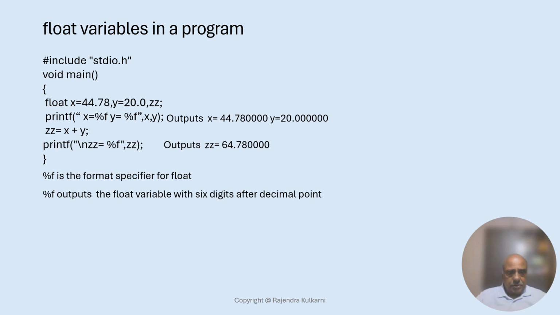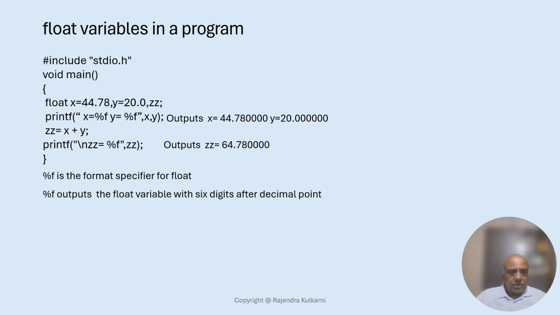When we use %f as a format specifier for putting the values of a set of float variables onto the output screen, it will always appear with 6 digits after the decimal point.